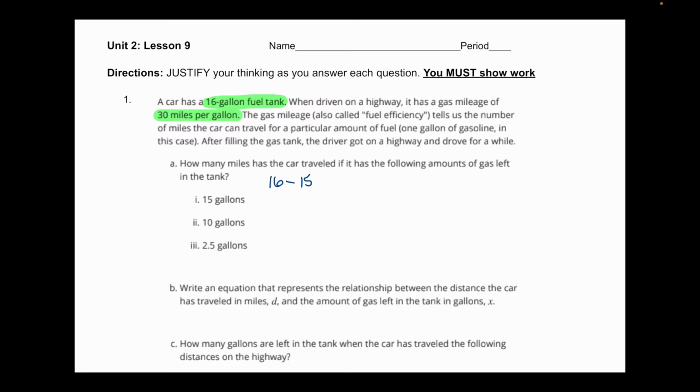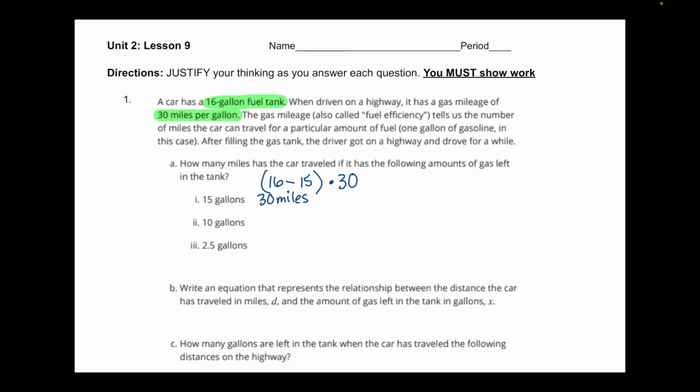However many gallons that is, we know it would have gone 30 miles for each one of those. So whatever that number is, I'm going to multiply that by 30. In this case, it is 1, so 1 times 30 means 30 miles.